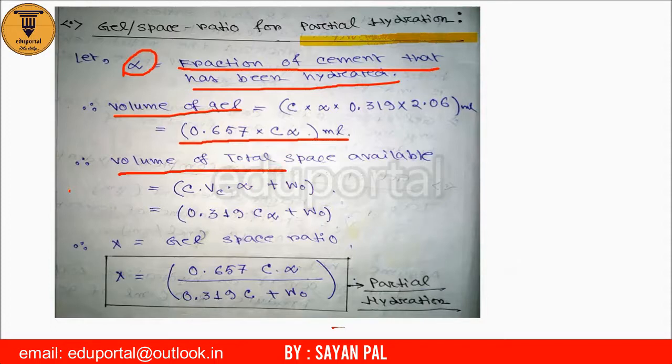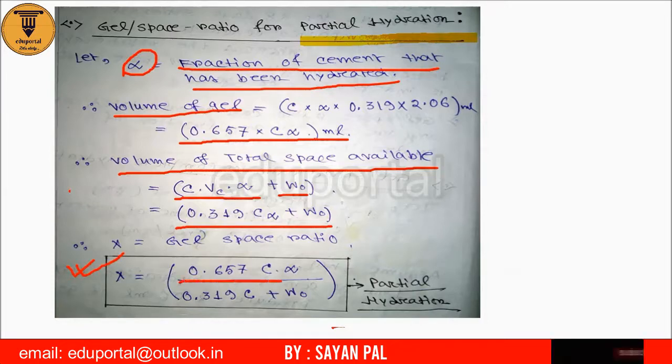The total space available is C into Vc for complete hydration, and for partial hydration alpha is multiplied, and the volume of water is the same, W0, so 0.319 C alpha plus W0. So the gel space ratio for partial hydration is X equal to 0.657 C alpha by 0.319 C alpha plus W0. Okay, this is for partial hydration.